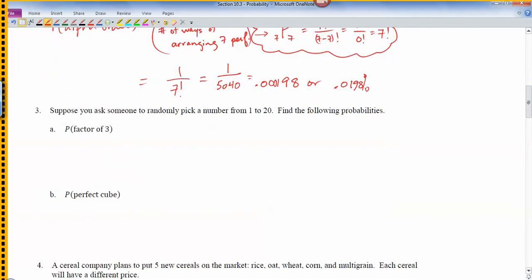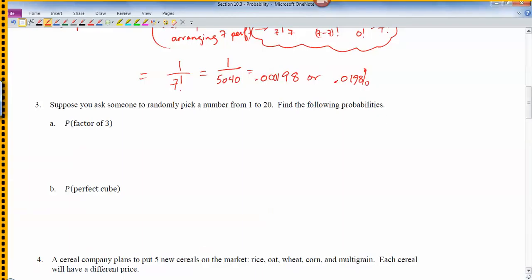All right. So let's say you have to pick a number from 1 to 20, and we'll say inclusive, which means 1 and 20 are also part of those. You could pick 1 or 20. If you say non-inclusive, then it's really any number starting at 2 up to 19. So you pick a number from 1 to 20. What's the probability that it's a factor of 3?